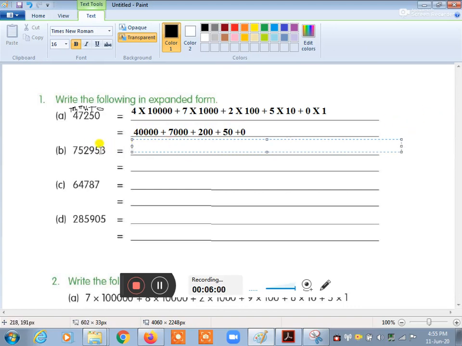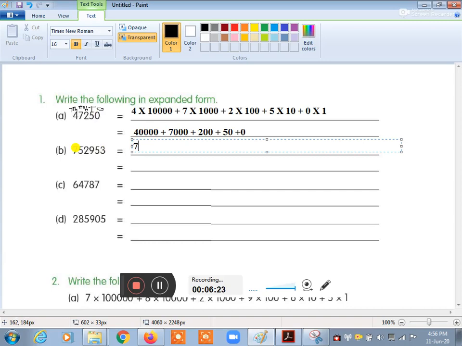So here 6 digit numbers are there. So ones, tens, 100, 1000, 10,000, lakh. If you didn't understand, in the above example I have given the place values, so write like that and do it like this. So 7 is in lakh place.